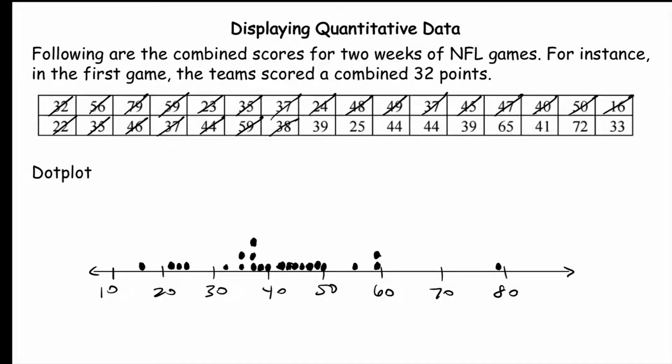Sometimes it's hard when you're separating them by tens or fives. Sometimes it's hard to remember what exactly. Just go back to your list. I have 39. I have another 39. Did I have a 39? 25. 44.